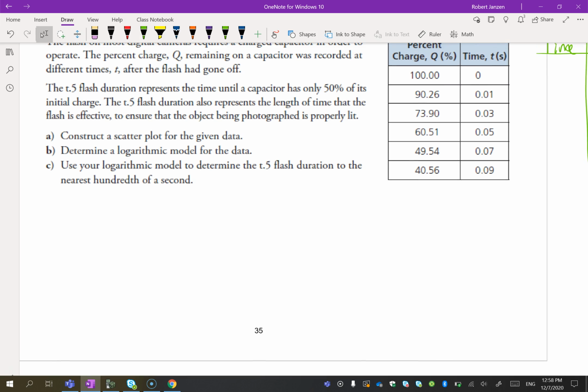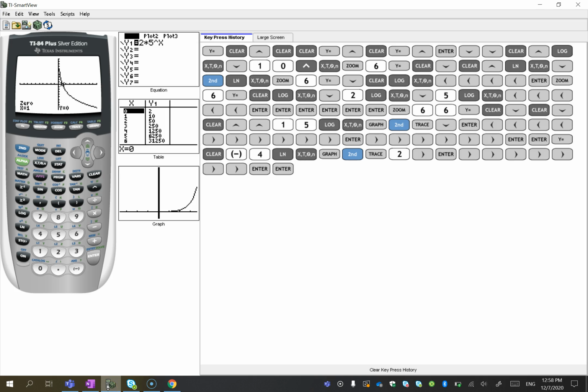Construct a scatter plot. So let's go into our calculator, and we'll go to Stat, Edit, and we need to put this information in here. Okay, let me just clear this first.